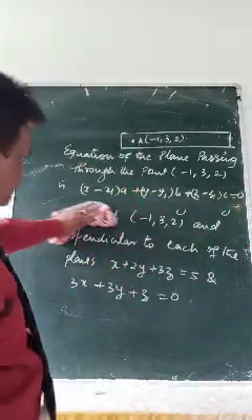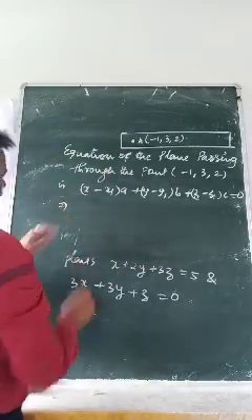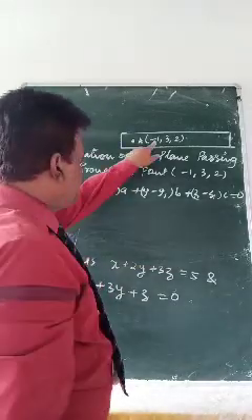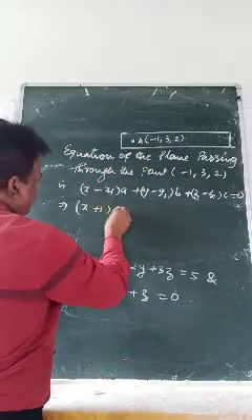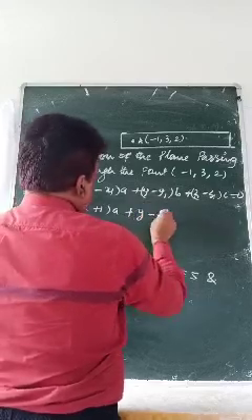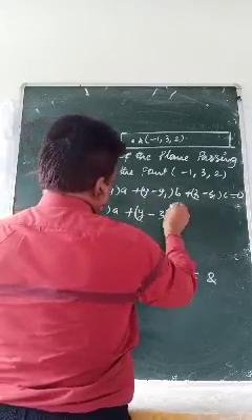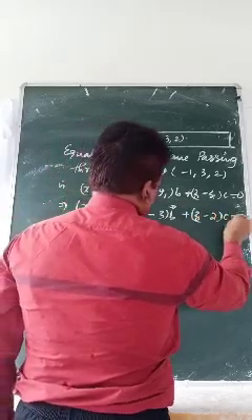That is the formula. Formula means you are getting a(x plus 1), b(y minus 3), c(z minus 2) equals 0.